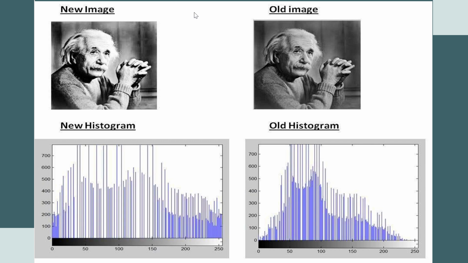Here you can clearly see the difference between both images. The original image has low contrast while the matched image looks clear and more detailed because its histogram is adjusted to match the target.